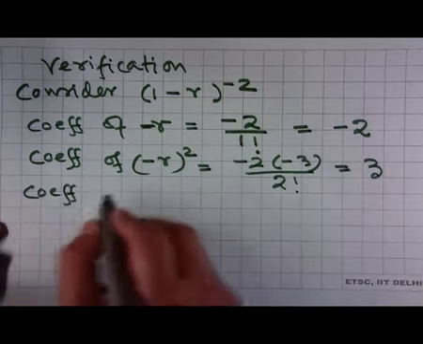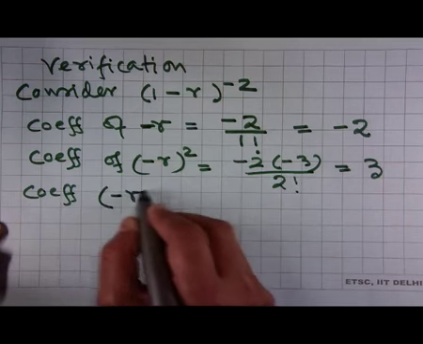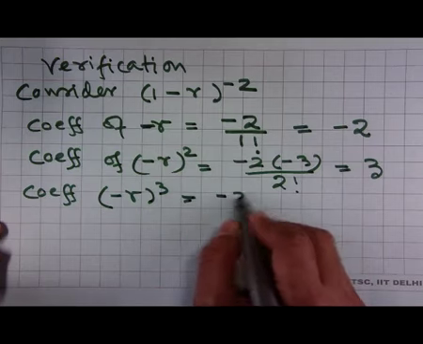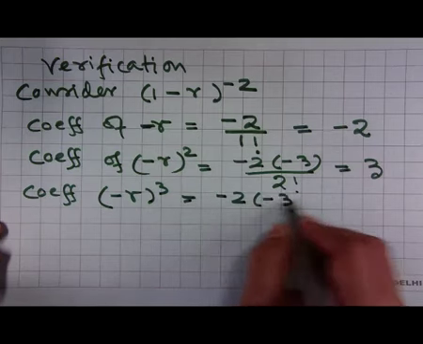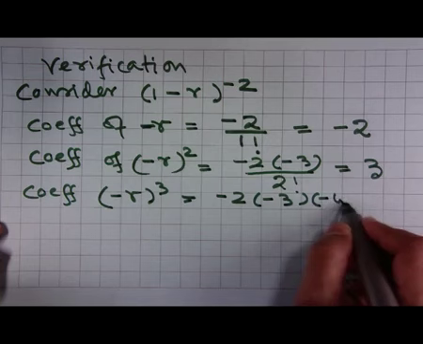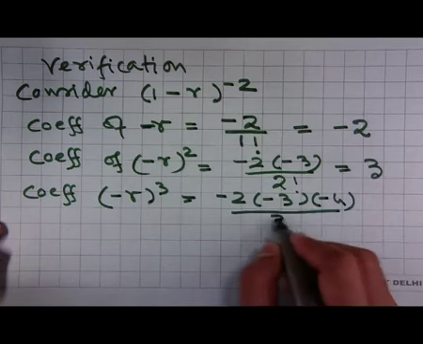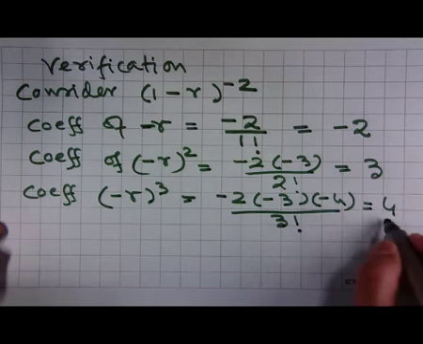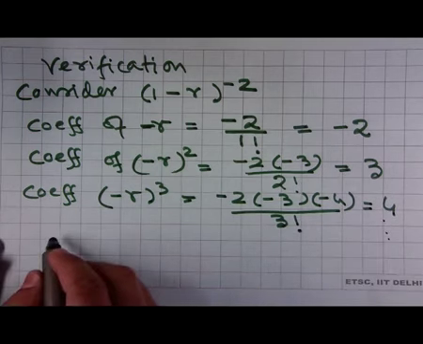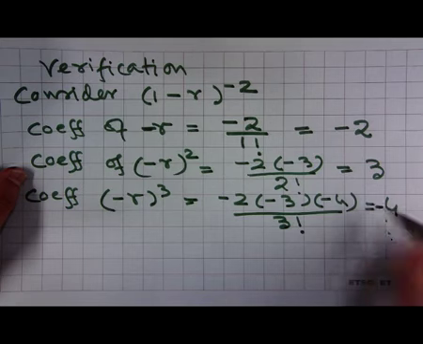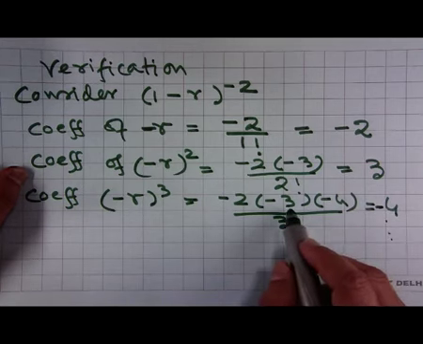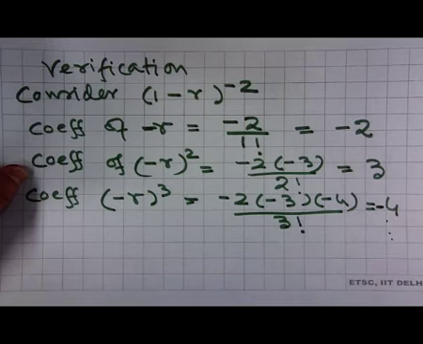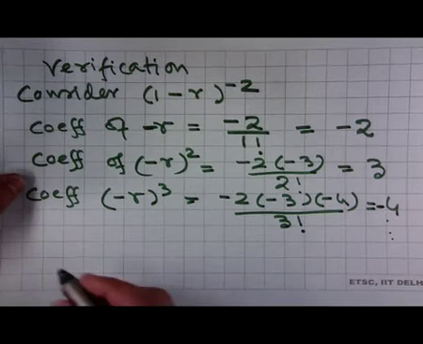Coefficient of minus r cube is equal to minus 2 minus 3 minus 4 upon factorial 3, which is equal to minus 4, like that.